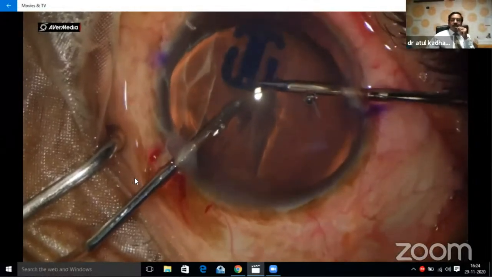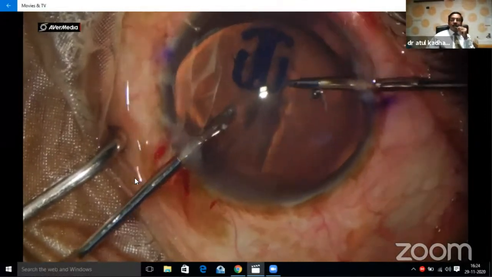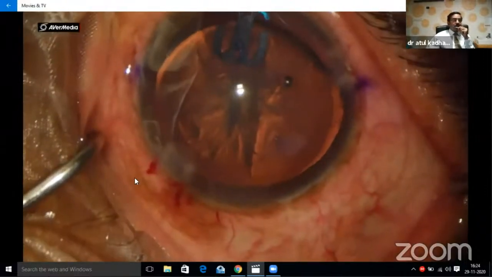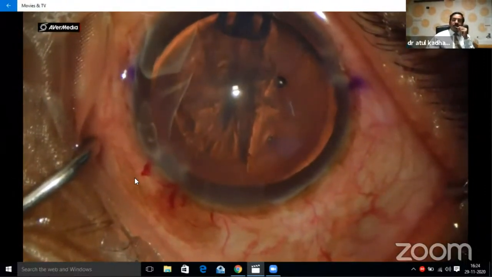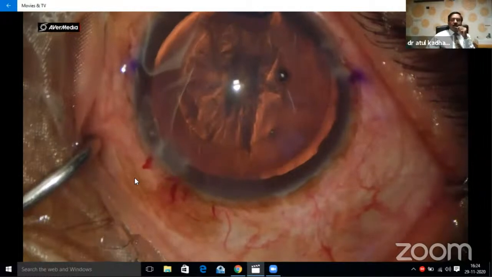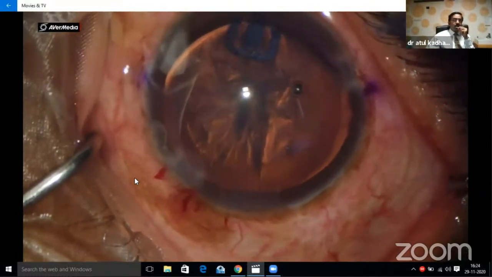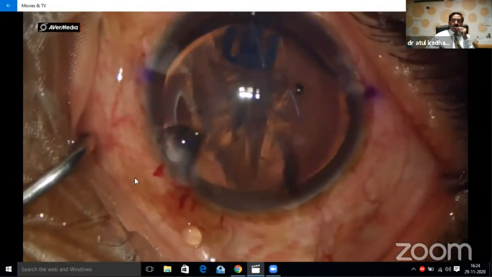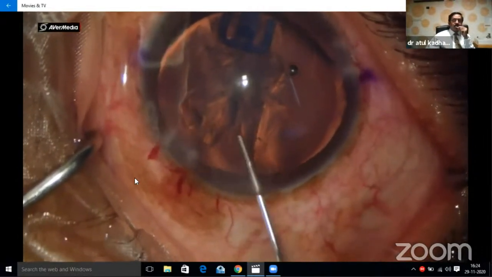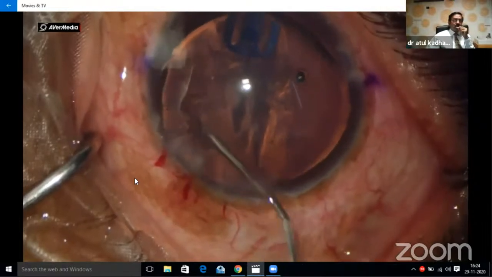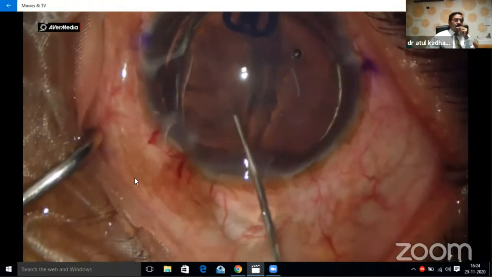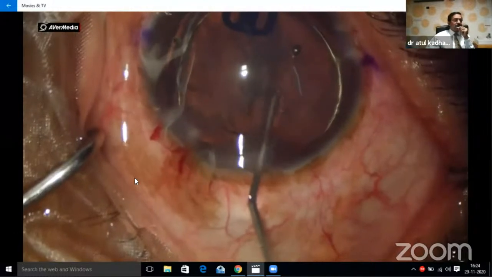Now, once this is done, the implant is fixed with a temporary stay knot. Don't try to fix the knot permanently here. Once the stay knot is given, the rest of the procedure is just like a routine cataract. The phacoemulsification procedure to remove the cataract is almost as if we are doing it on a stable and well-centered lens.